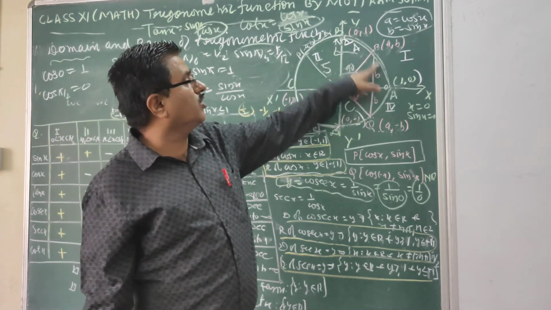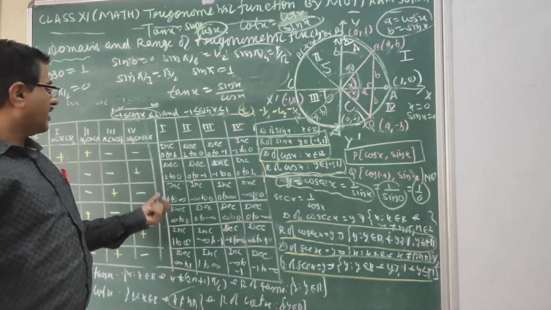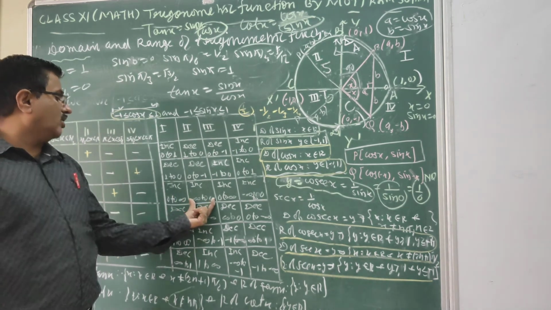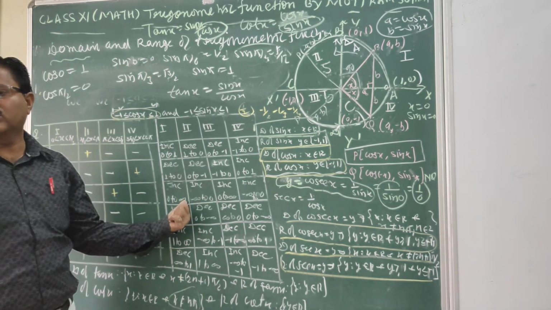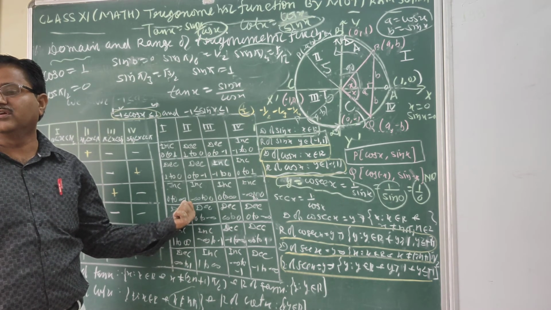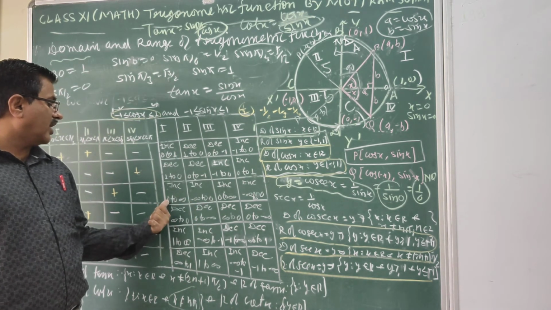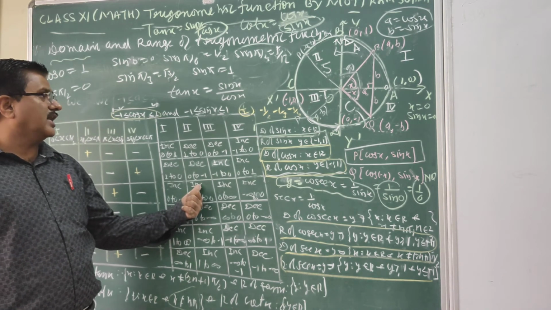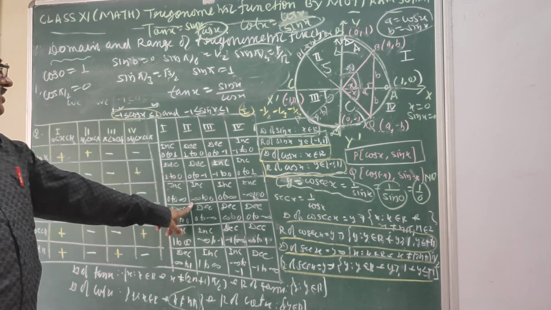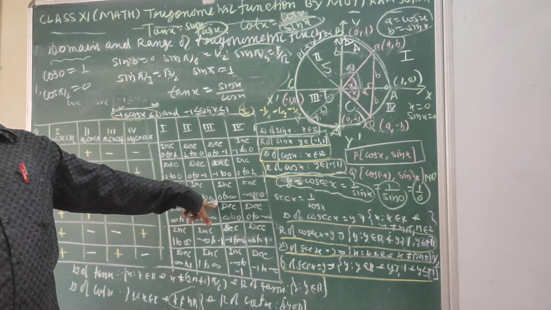So from 0 to infinity, it means in the first quadrant tan is increasing. Clear? The value of tan pi by 2 is always infinity, or not defined. So in the first quadrant it goes from 0 to infinity. In the second quadrant, it goes from minus infinity to 0.